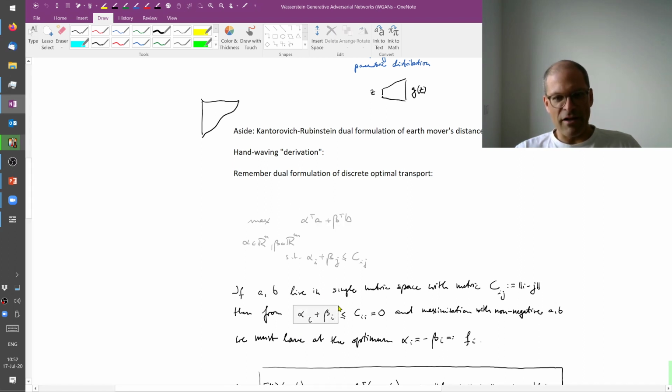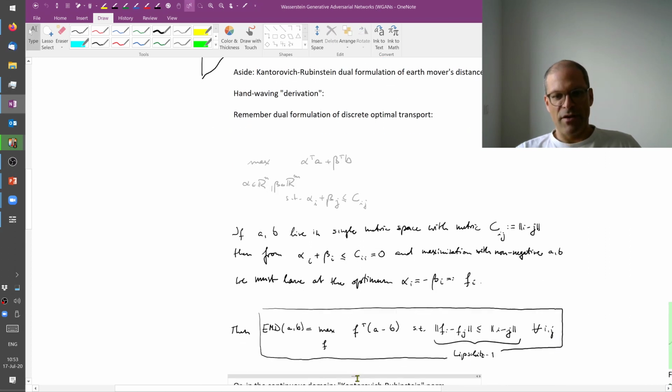So if I want to make alpha and beta as large as possible, but they must remain smaller than C, and in a metric we always know the distance from a point to itself is 0, and this must also hold for these diagonal elements. So if alpha and beta should be as large as possible, but alpha and beta must be no more than 0, then it follows that at the optimum alpha i will be minus beta i, and I'm introducing a new name for this. I'm now calling it F.